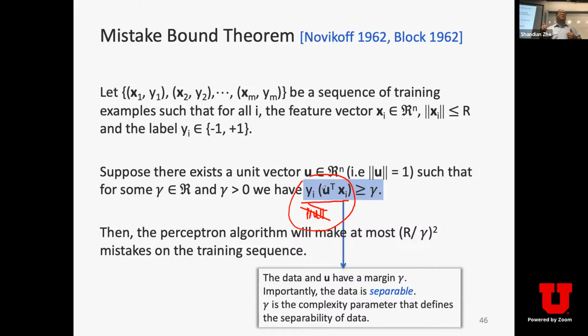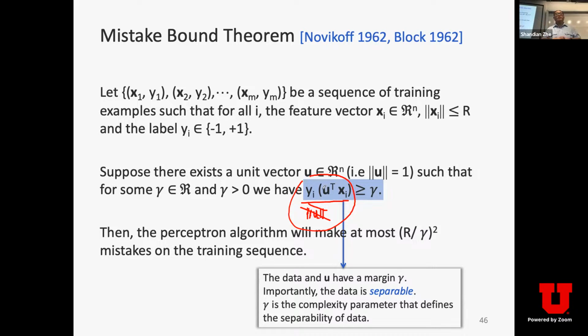What does gamma mean? The margin. So the margin is the minimum distance between the data points and the hyperplane. That means the distance between every training example and the hyperplane should be no less than the margin.